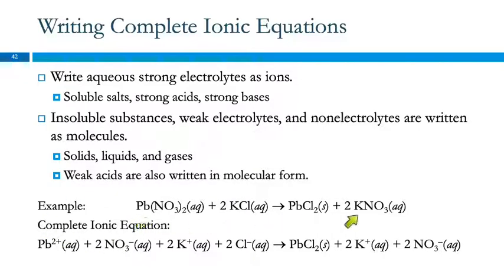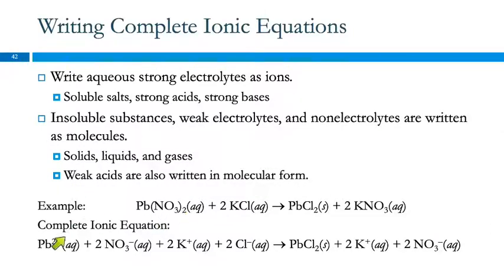So here is our molecular equation, lead-2 nitrate reacting with potassium chloride to form solid lead-2 chloride and aqueous potassium nitrate. Anything that has aq as its state symbol is probably going to be written as separate ions. The exception would be weak acids.